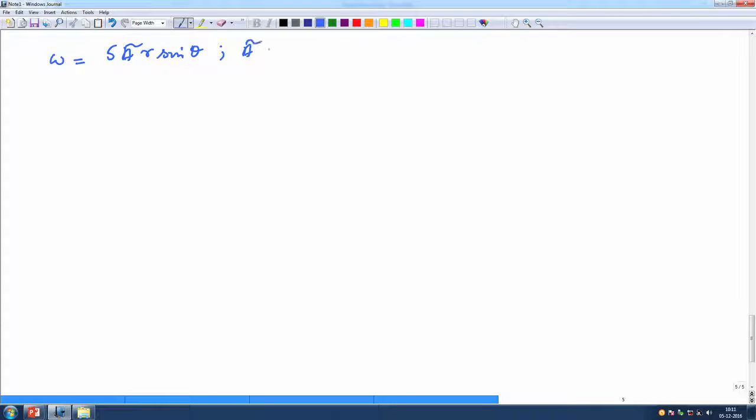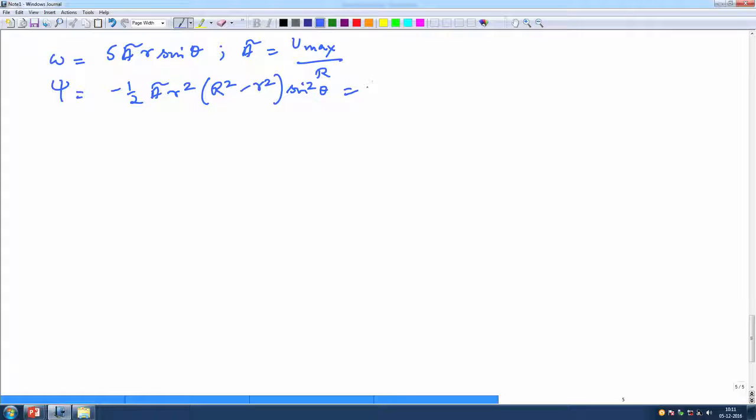Here a tilde essentially means u max by R. And you can also define a stream function, which will be given as minus half a tilde r square times capital R square minus r square, capital R square being the droplet radius.